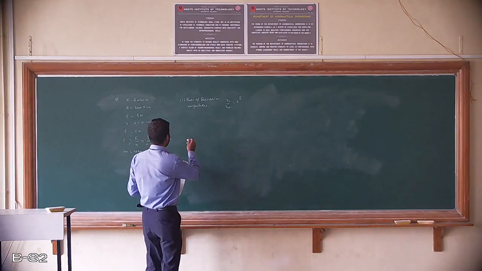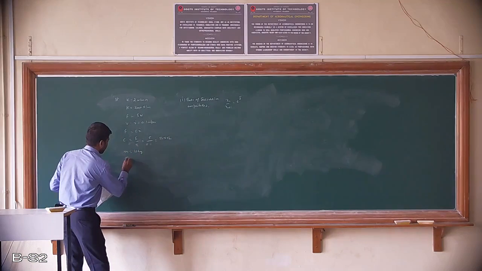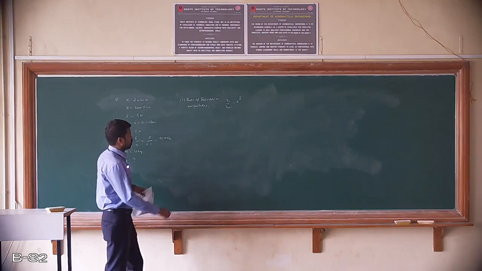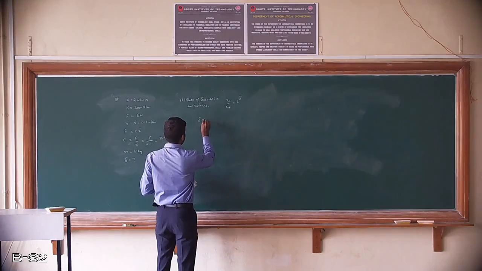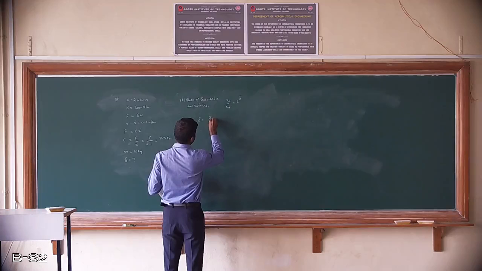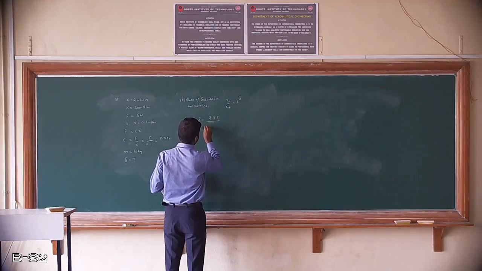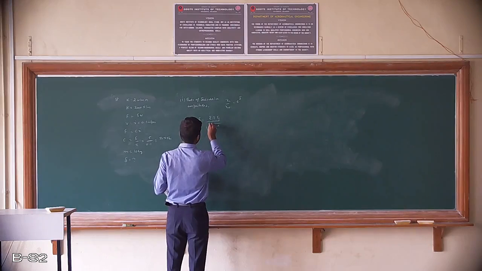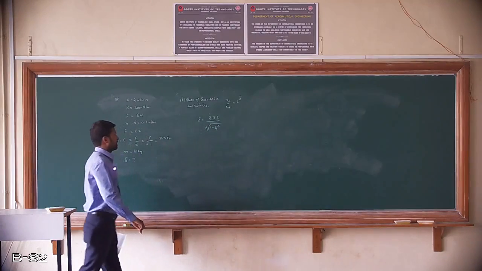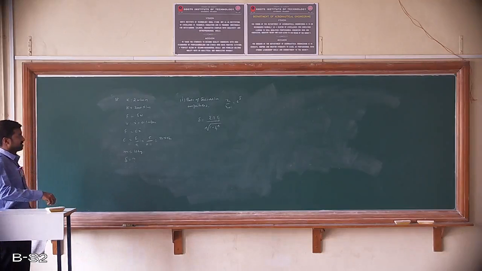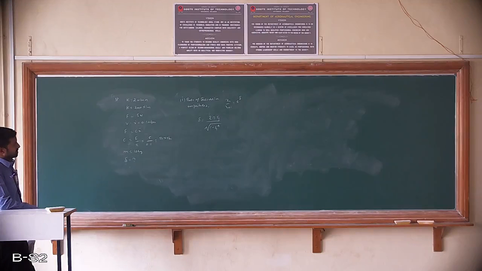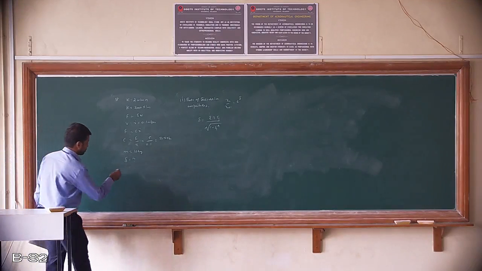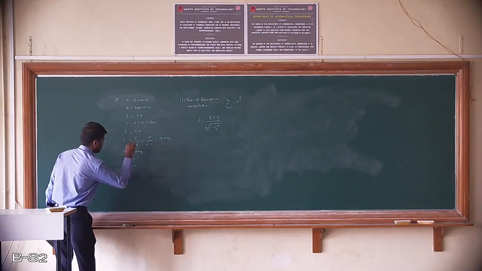So how to get the delta value? We don't know what is the delta value, but we know the equation for delta. The equation for delta is given by 2 pi zeta divided by under root of 1 minus zeta square. But we don't know the value of zeta, so we need to find out zeta.